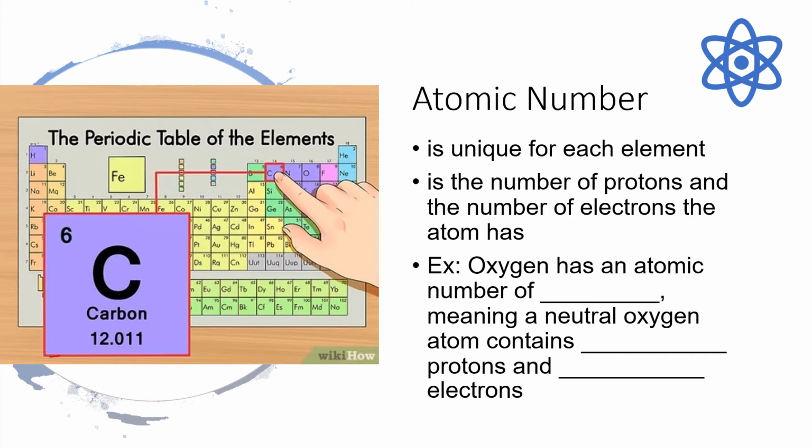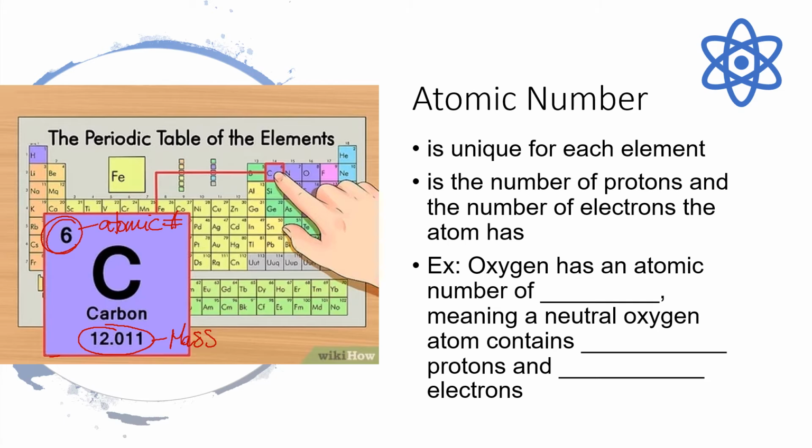The top one is the atomic number, and the bottom number is the mass of that element. Take a look at your periodic table, because you will need to be able to reference those.